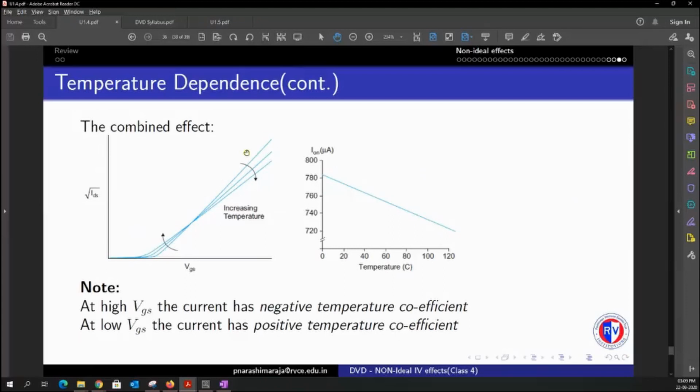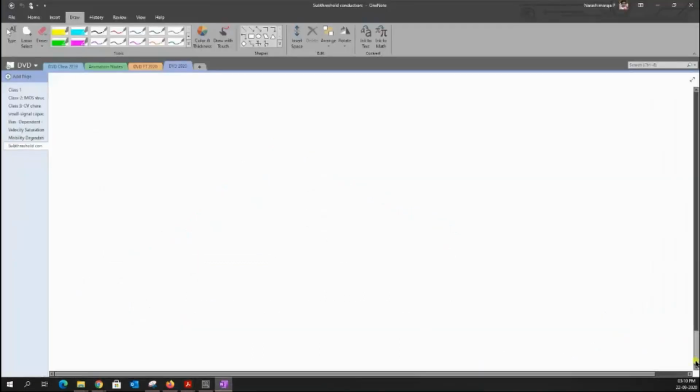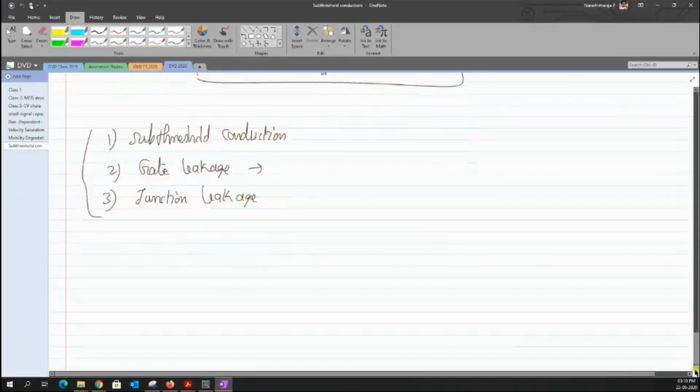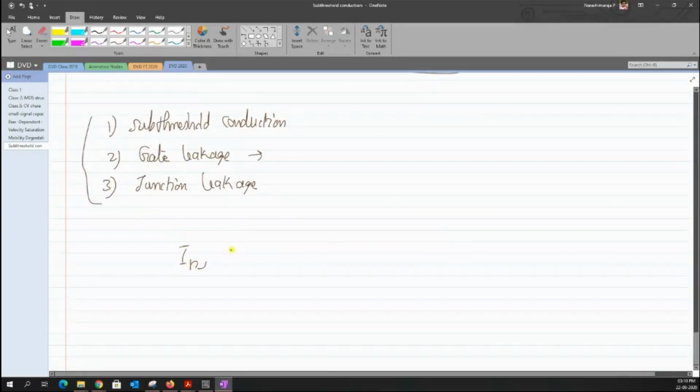There are a couple of graphs, not too many, which show the temperature variation with respect to the current: the moment you have an increase in temperature, how does the graph shift. The graph has been plotted as the square root of IDS versus VGS. This is the saturation current case, where the saturation current is proportional to (VGS minus VT) the whole square.